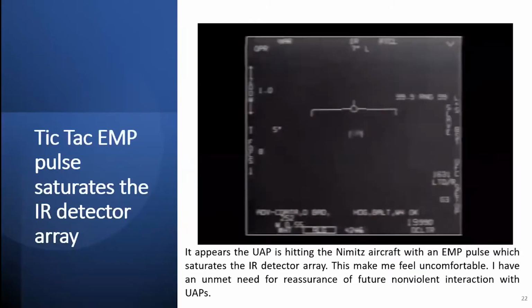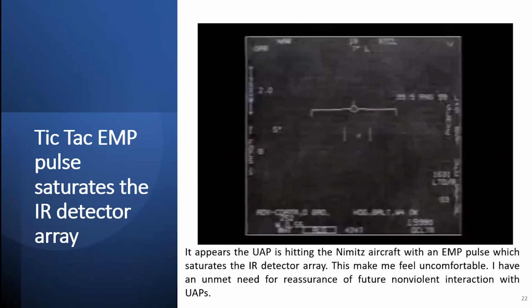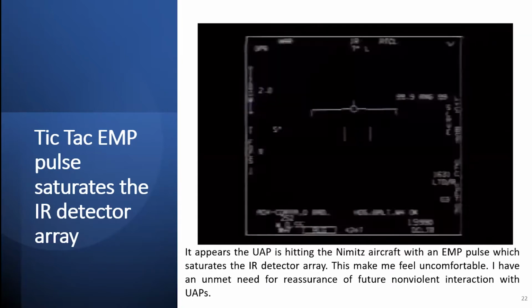And then the other thing is the Tic Tac seems to hit an EMP pulse. It appears the UAP is hitting the Nimitz aircraft with an EMP pulse, which saturates the IR detector.